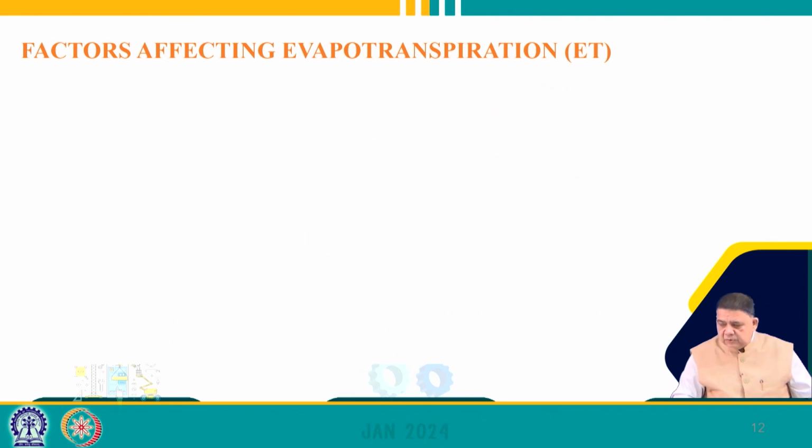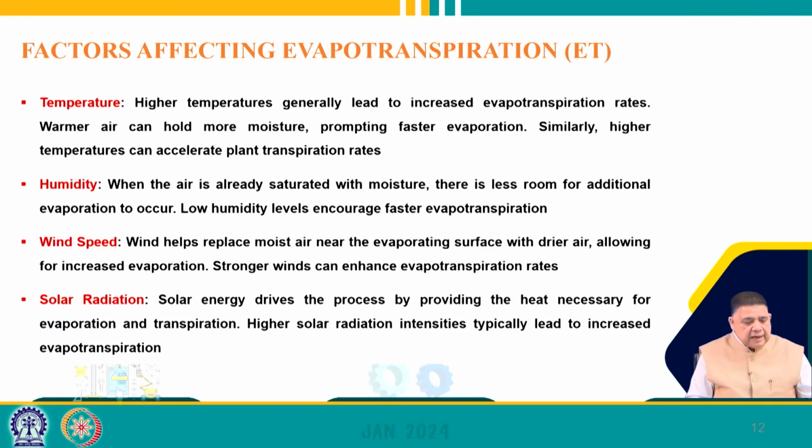Now, let us come to factors affecting evapotranspiration, and there are several factors which affect it. Some of the factors we have seen already while discussing evaporation. More or less similar factors remain here. So, for example, temperature. Higher temperatures generally lead to increased evapotranspiration rates.